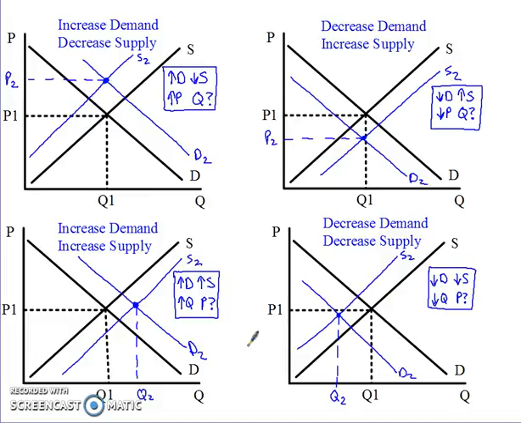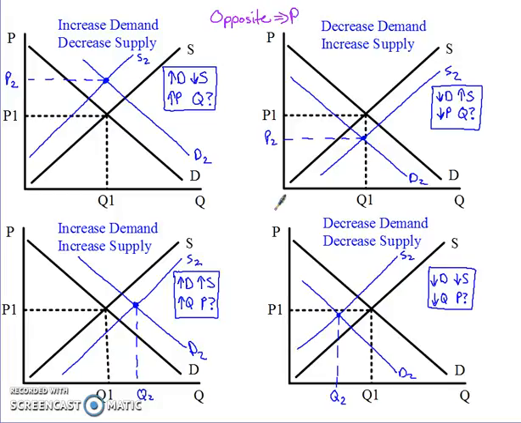Also notice this. When supply and demand shift in opposite directions, that is, one of them decreases and one increases, you will be able to predict what happens to price.